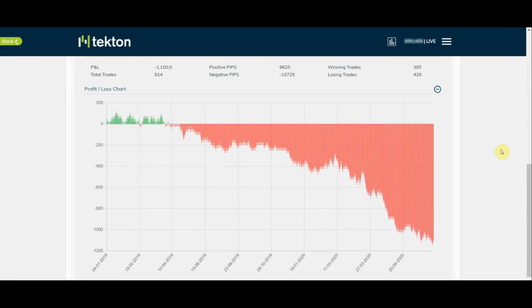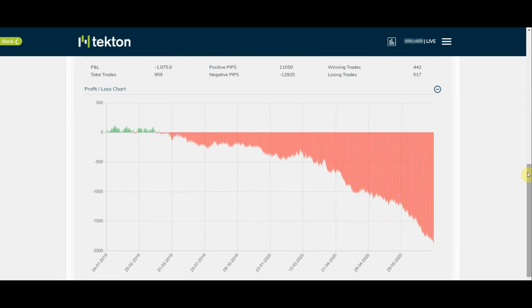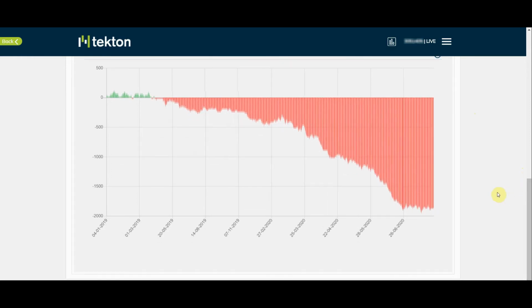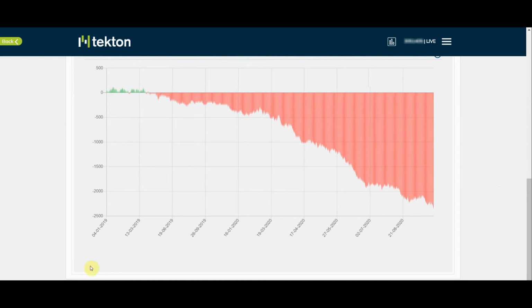Okay, so now we're getting towards the end of the test, and that should give us the result any time now. The word trades, when it appears down the bottom left here, is the end of your test.